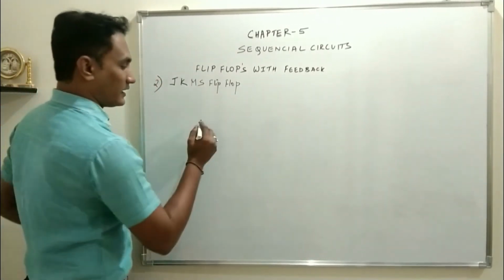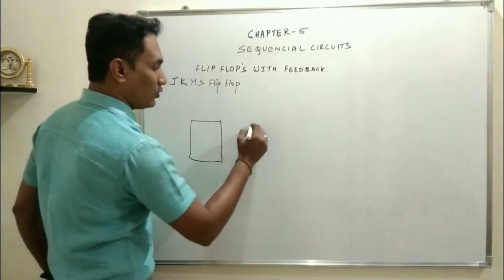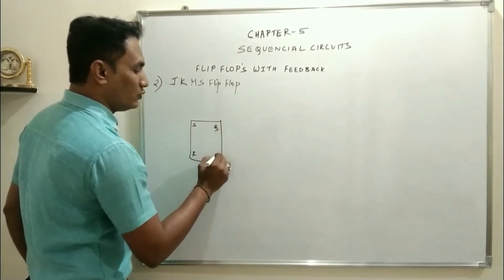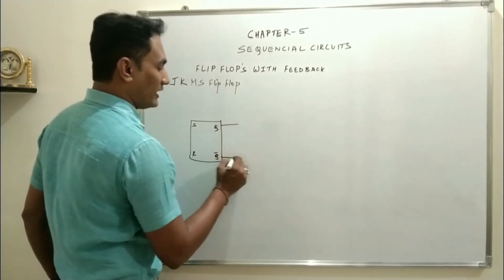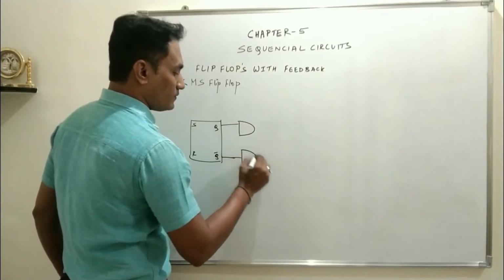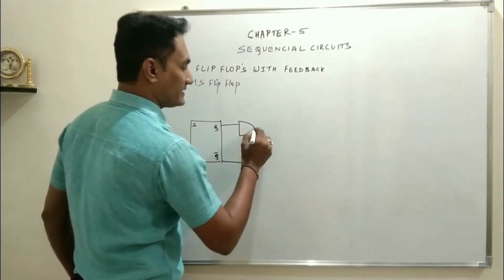See the construction part. Now what we will do is, instead of using one SR flip-flop, we will use two SR flip-flops. One is called master, the other one is called slave.